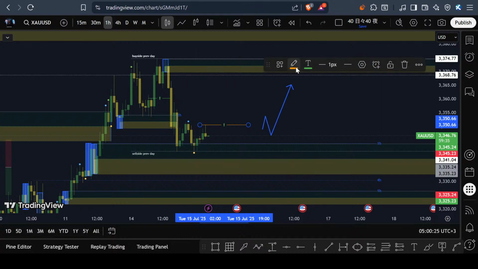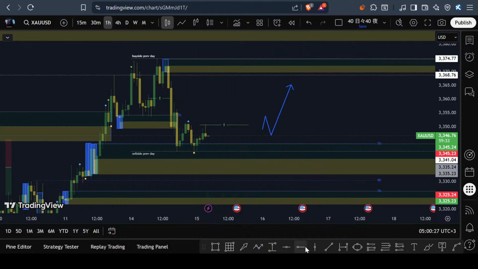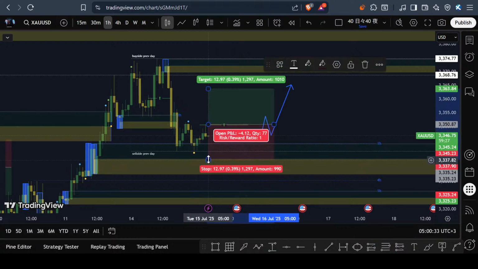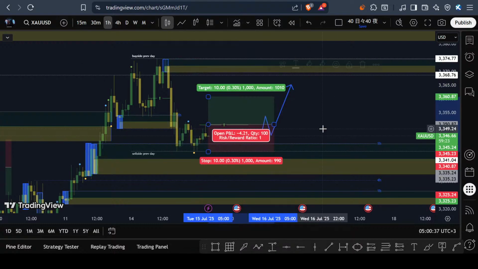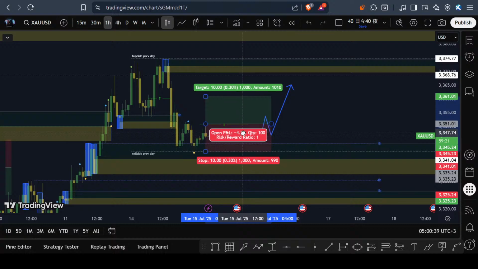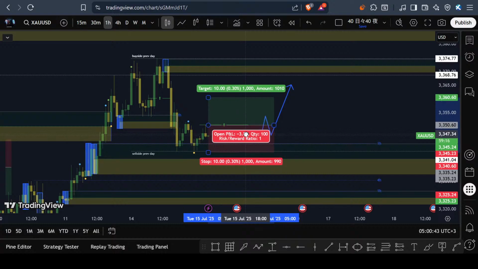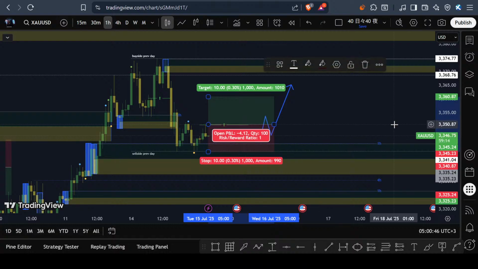So this is a valid entry, a valid buy entry here. Pretty much a very valid entry there. You need to have your buy stop at that particular level now.